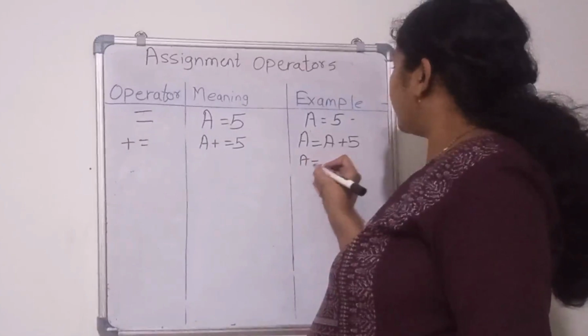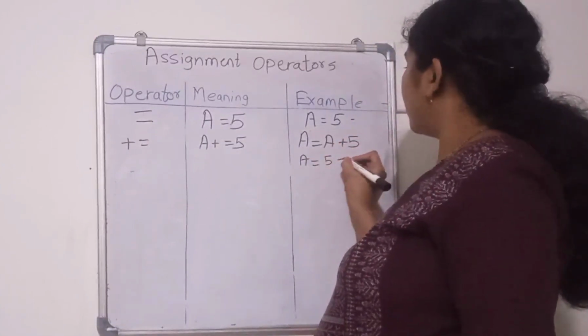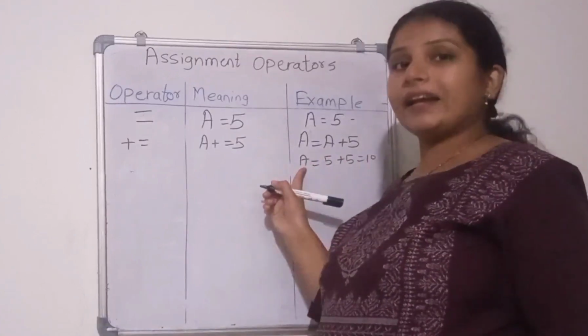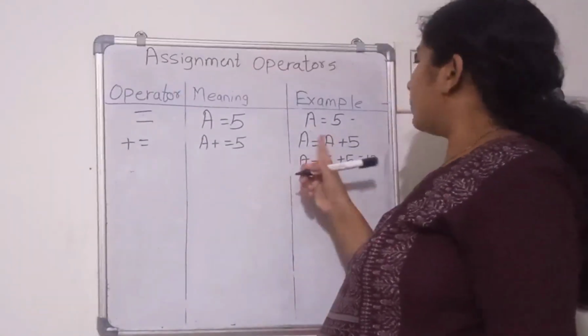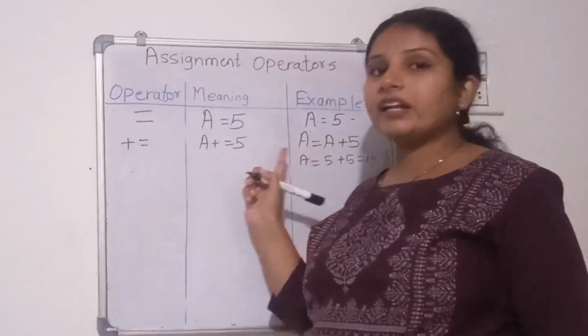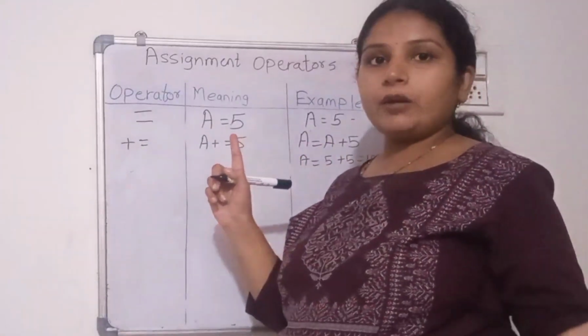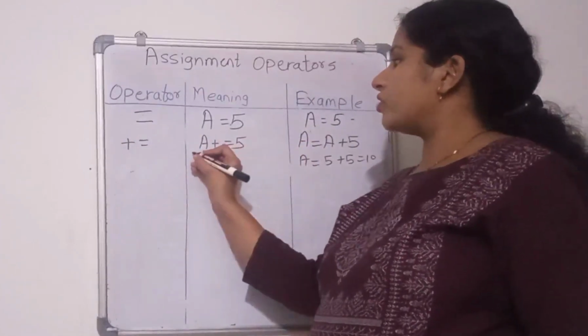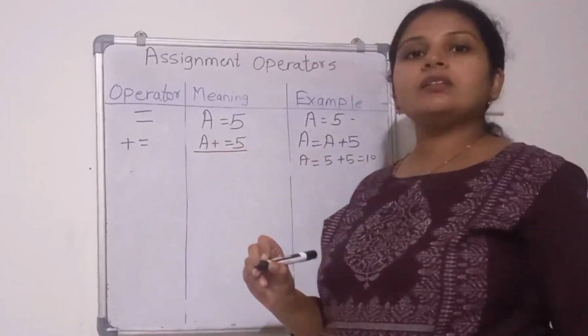So a equals the a value 5 plus this 5, equal to 10, which means you are updating the a value by solving the expression, and you are not taking any other variable to store the result, you are taking a. So this expression can be written like this.